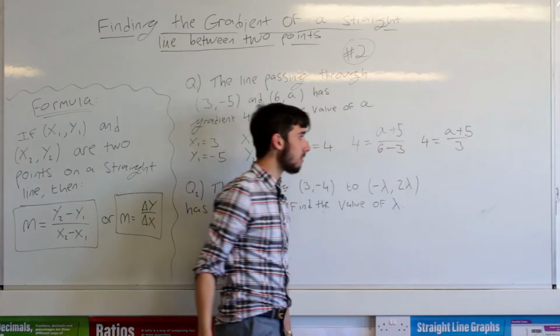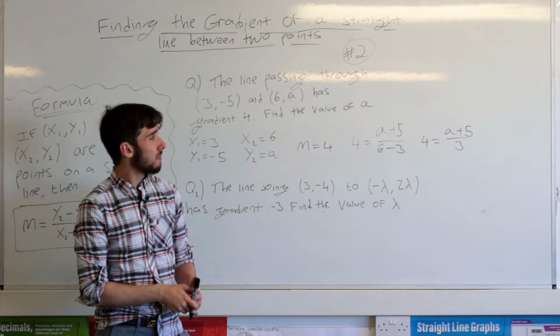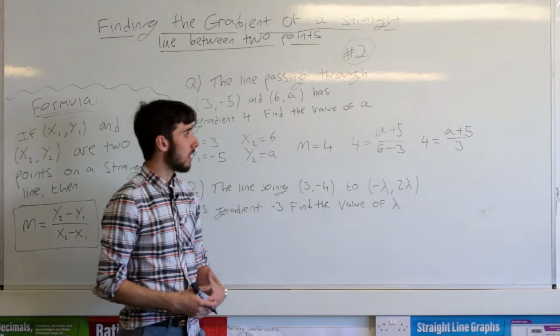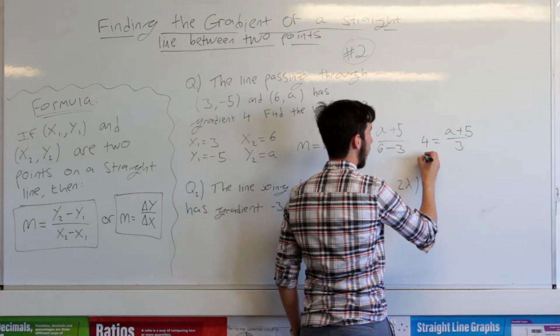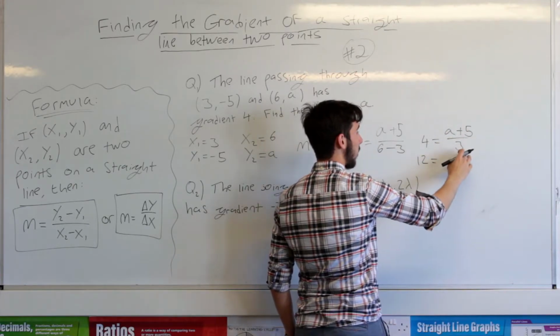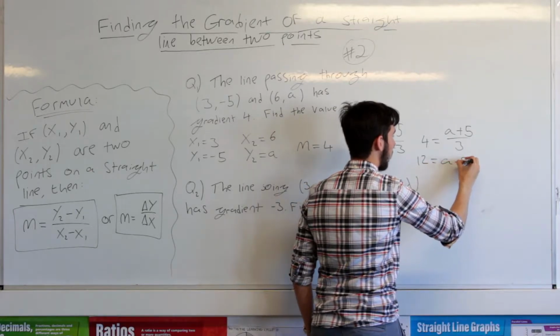Now, guys, we're looking for a on its own. At the moment, a plus 5 is being divided by 3. Let's multiply both sides by 3. Then we're going to get 12, because that's 4 times 3, is equal to a plus 5 divided by 3 times 3, which is a plus 5, of course.